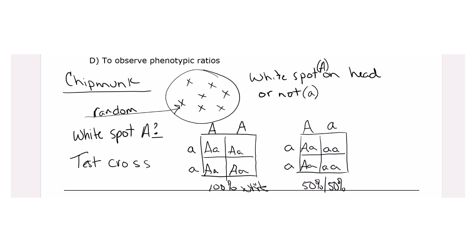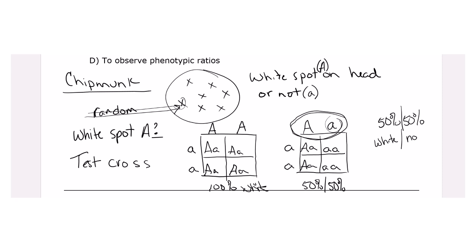Of having spot, no spot. So we breed 3 generations of this random chipmunk with our test cross, and we're going to find a 50-50 ratio of white spot to no white spot. So what can we conclude? Our original chipmunk is heterozygous, or big A, little a.